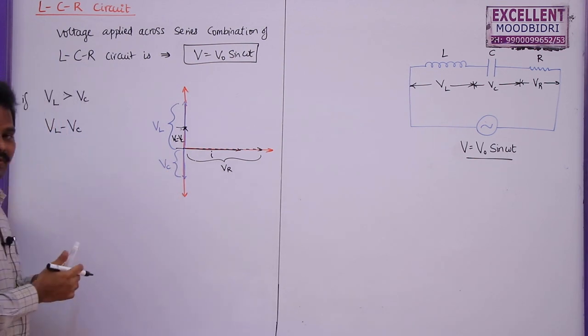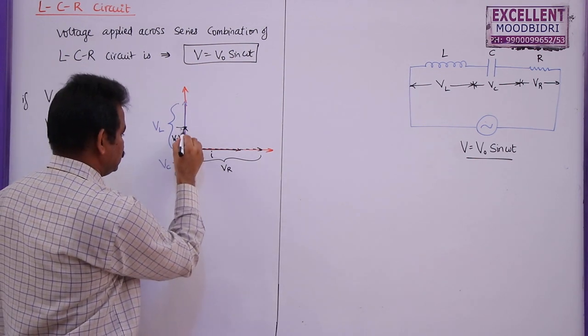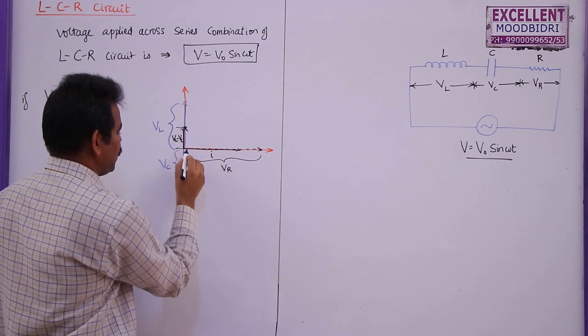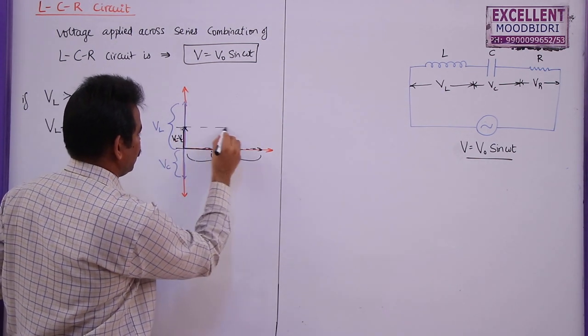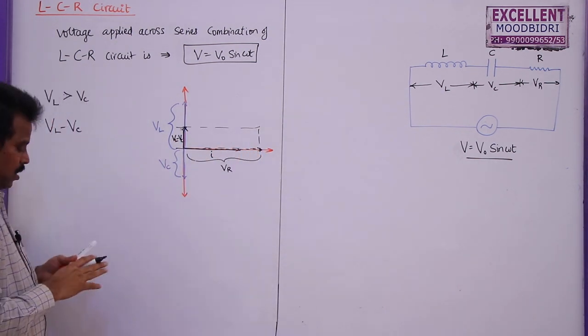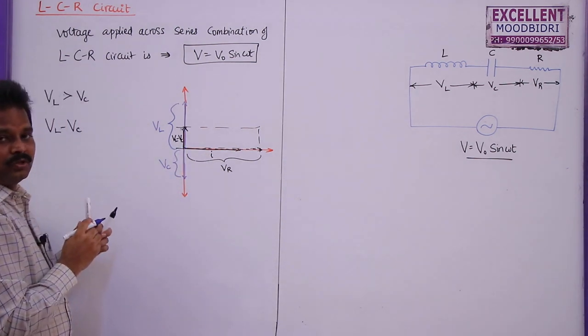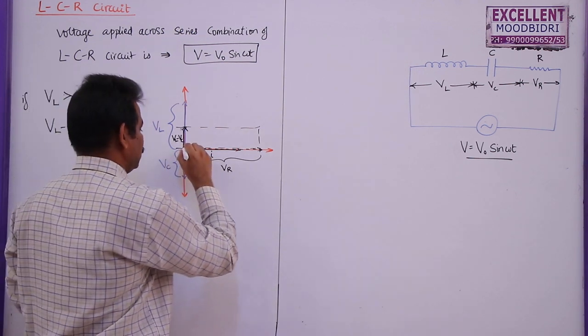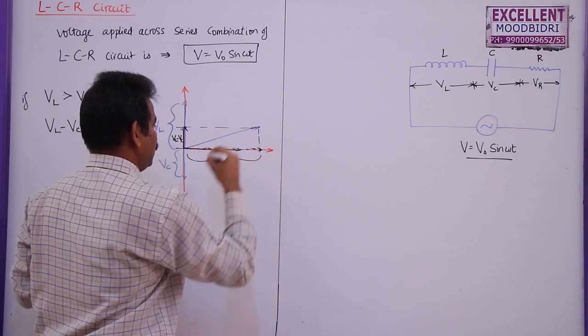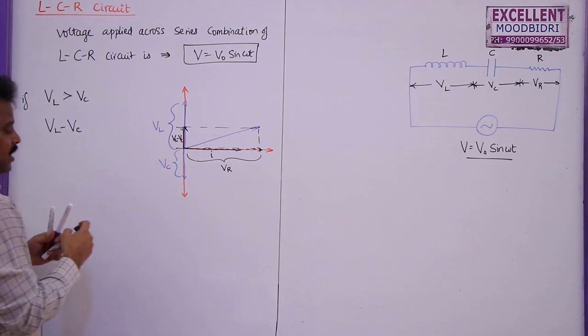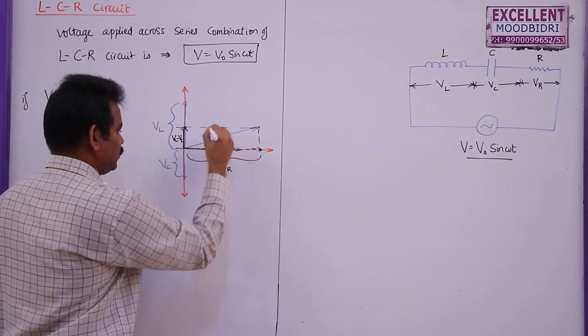Now we can use that vector concept. Now this is the first side of this parallelogram, this is the second side of this parallelogram. Now construct this parallelogram, and from the point where these two sides meet, draw a diagonal here. This diagonal will give the resultant voltage.